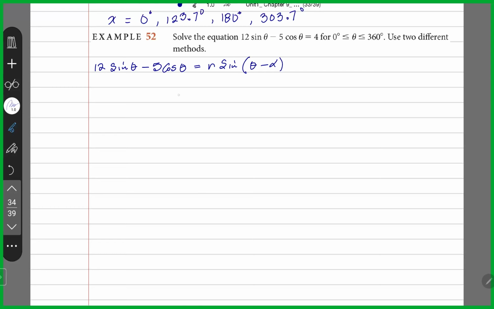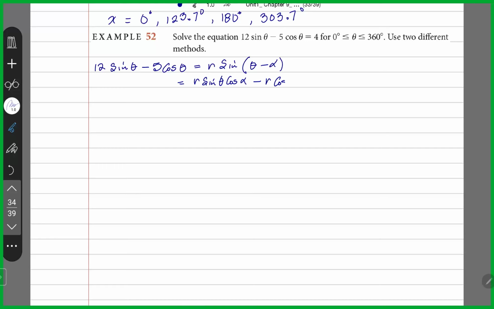So if I expand r sine theta minus alpha, I'm going to get r sine theta cos alpha minus r cos theta sine alpha.